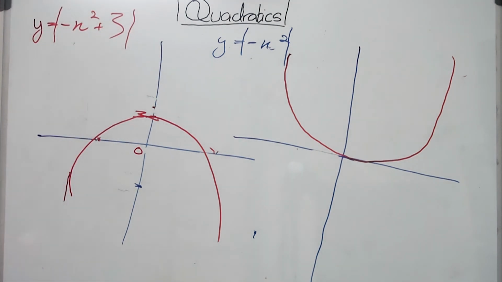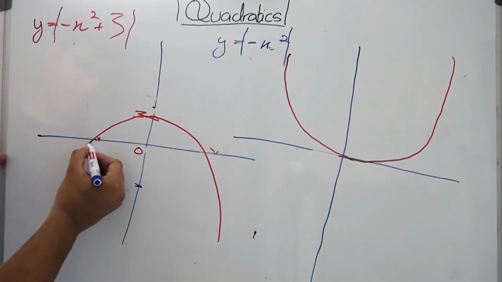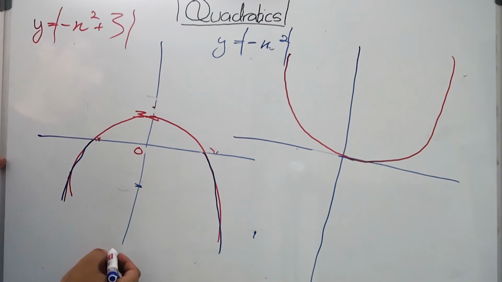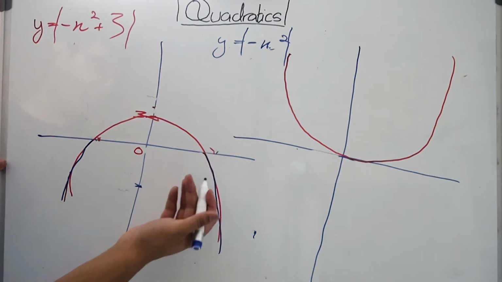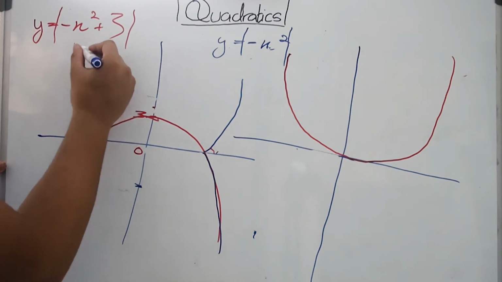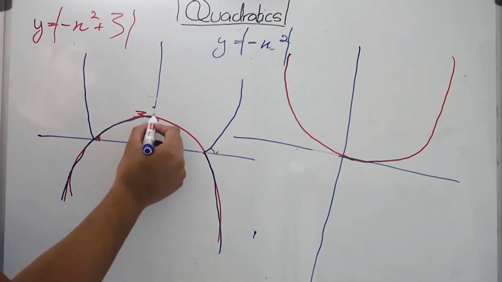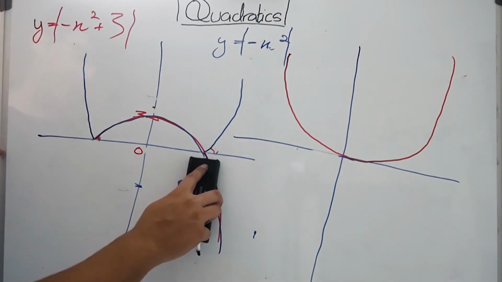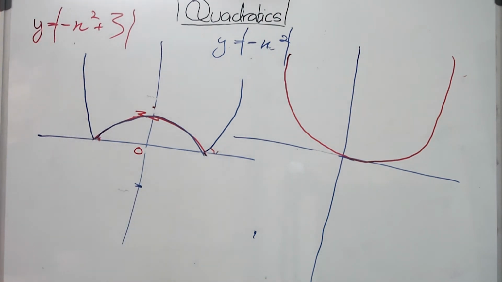Now we'll have to make the negative parts positive. As you can see, these parts are negative, the ones that are below the x-axis, and we'll have to flip them. In order to flip them, we'll just reverse them. You just have to basically reflect them. It's not that big of a deal. Now that's done, you just remove the parts that are negative and you have the graph of the modulus equation.